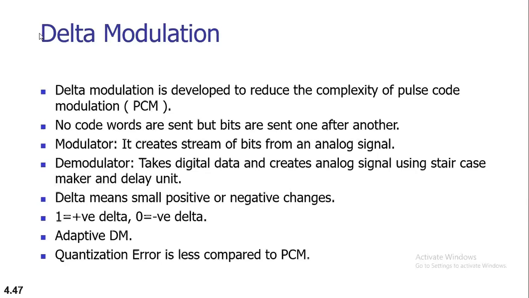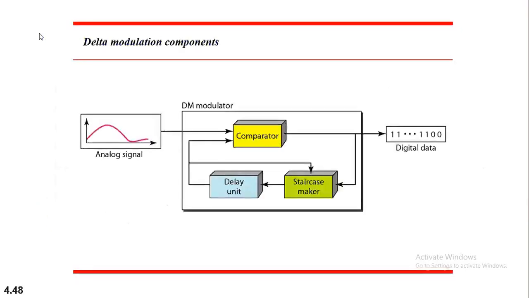Okay, now this delta means small positive or negative changes that occur when an input signal is compared with an existing digital signal. Before we get into detail, let us discuss how exactly the modulator and demodulator work.